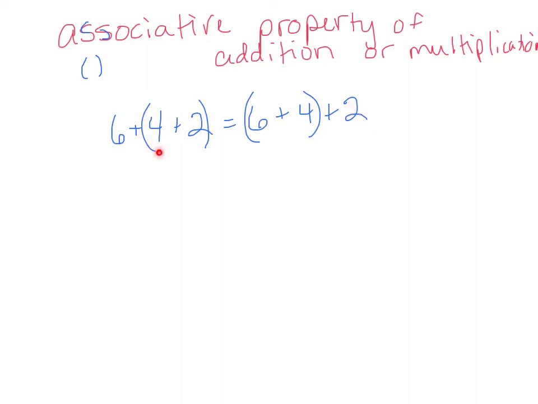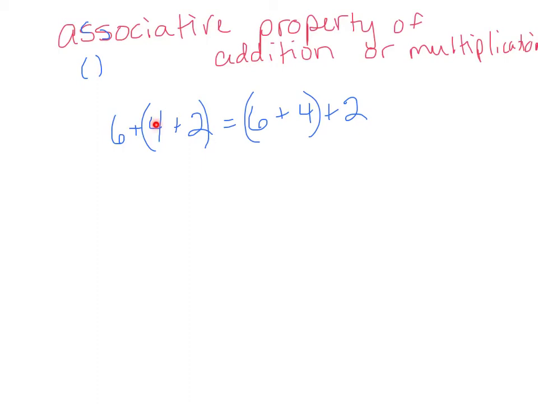The only thing I changed is where the parentheses are located. And what you might decide as you're working through a problem is, well, I can add those up, but I'd rather do this addition first because 6 plus 4 is 10, and 10 is an easy number to add. So if you're grouping things differently to make them easier to add in your head, you're using associative property.